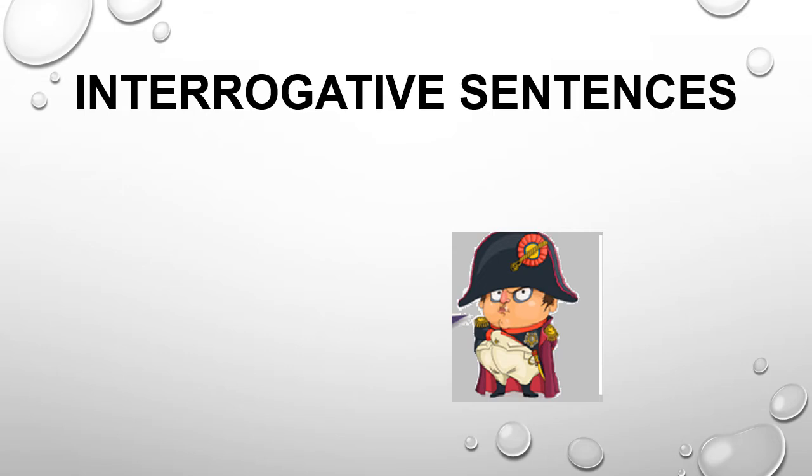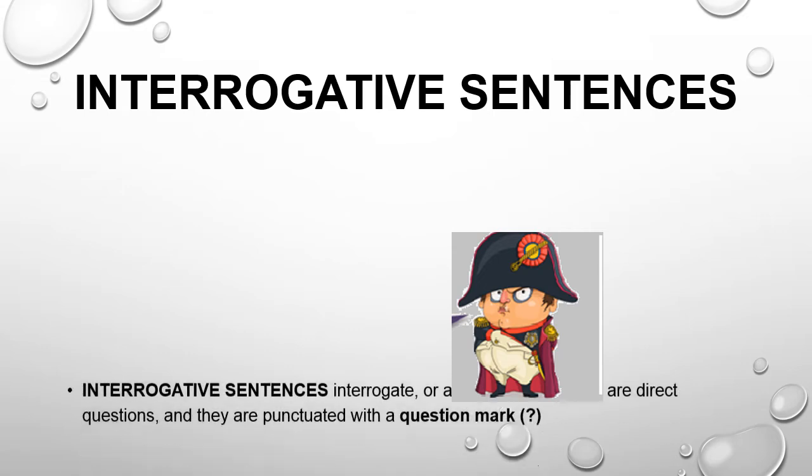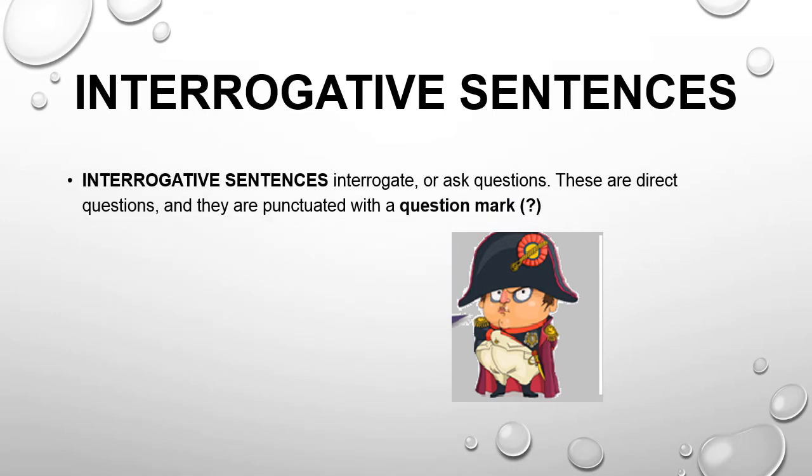So by reading interrogative, what comes to your mind? It means you are interrogating, or you are asking a question to someone. So interrogative sentences interrogate or ask questions. These are direct questions and they are punctuated with a question mark.